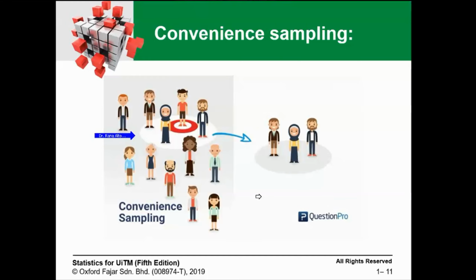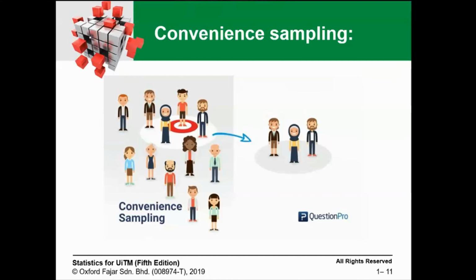Then whoever from those politicians or VIPs answers you, you just consider as your sample, because you have a connection with their secretary or they are part of your family and so on. So sometimes, yes, we need to do convenience sampling because we have limited budget or limited access to the population.